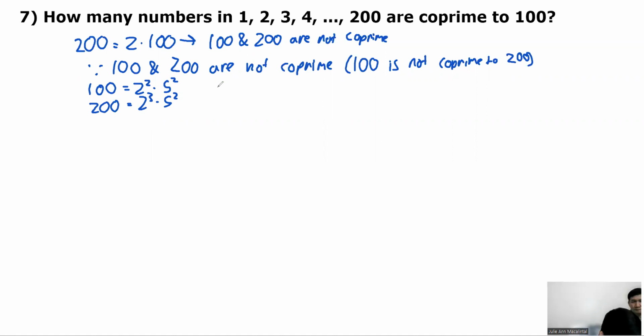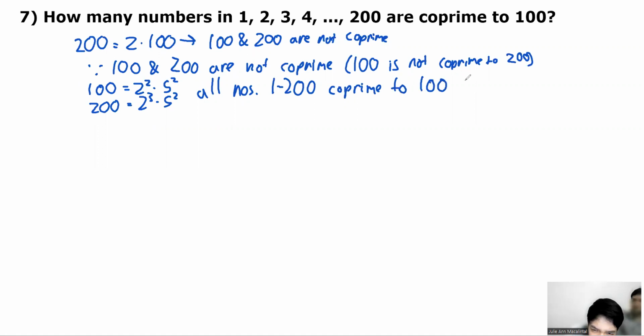So then we can say that all numbers 1 to 200 co-prime to 200 are also co-prime to 100.